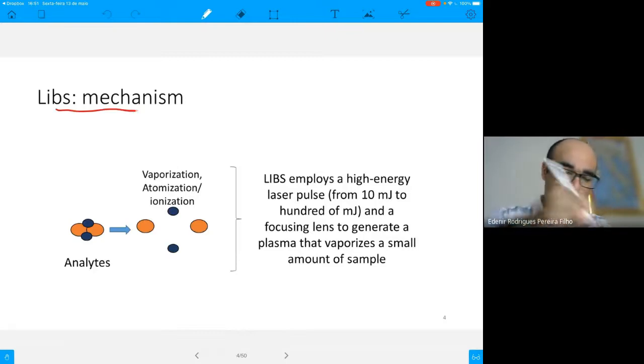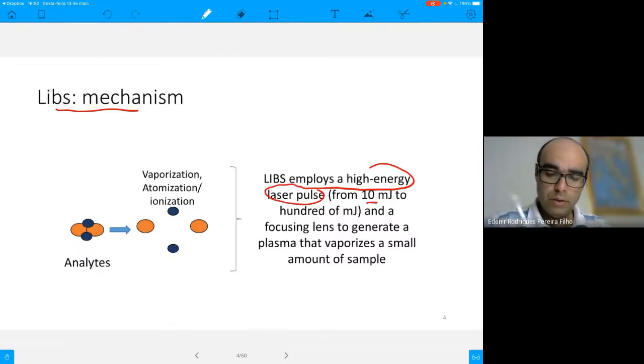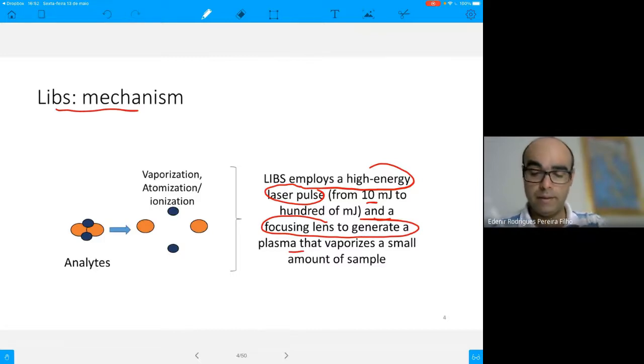How does LIBS work? LIBS employs a high energy laser pulse from 10 to hundreds of millijoules and a focusing lens to generate plasma that vaporizes a small amount of sample, micrograms, nanograms of sample.